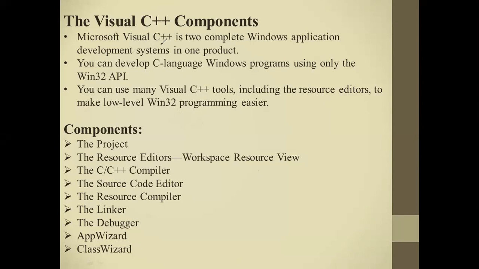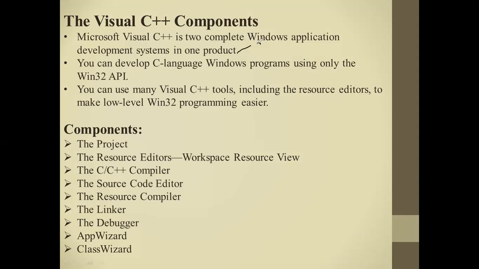So what does that actually mean? Whenever you install Microsoft Visual C++, it comes with two complete Windows application development environments, or we can say Windows application systems, in one project.